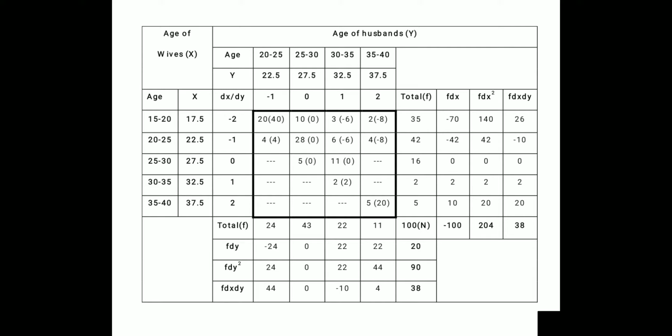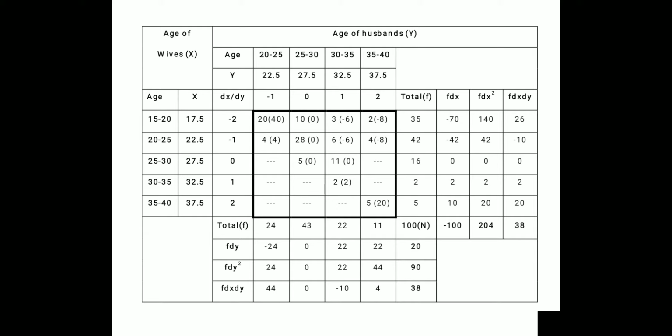Let us consider another column value, that is 10, to calculate in the same way. That is, the frequency here is 10, that is f is equal to 10 here, f into dx value of the same row, that is minus 2. So 10 into minus 2 is minus 20. And the dy value of the same column, that is 0.